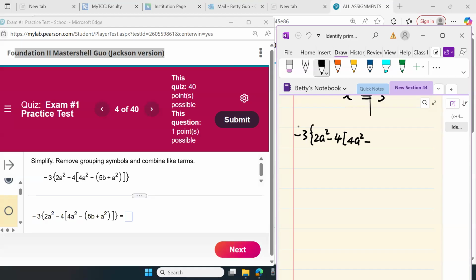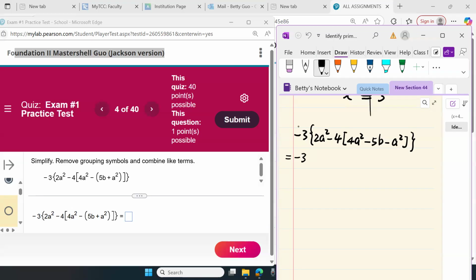The coefficient of the parentheses is -1. And -1 times 5b is -5b. -1 times a squared is -a squared. All right, so now we successfully removed the parentheses. And both terms in the parentheses become their opposites because the coefficient of the grouping symbol is -1.